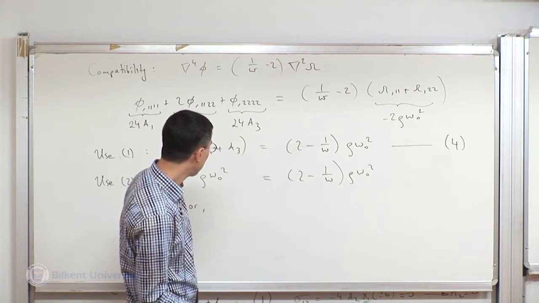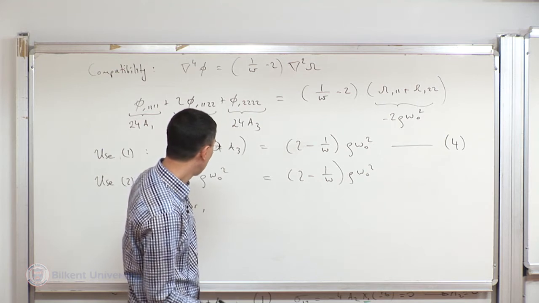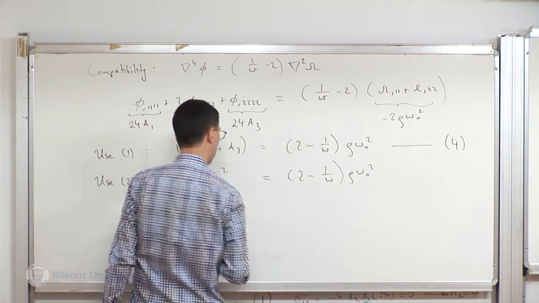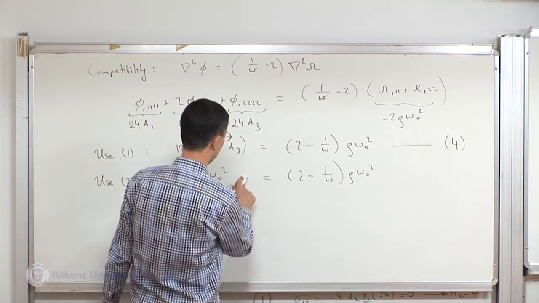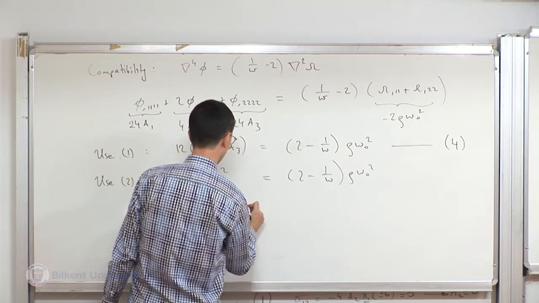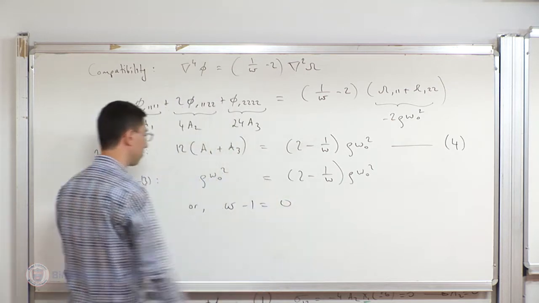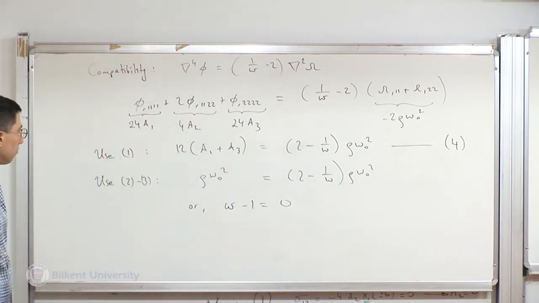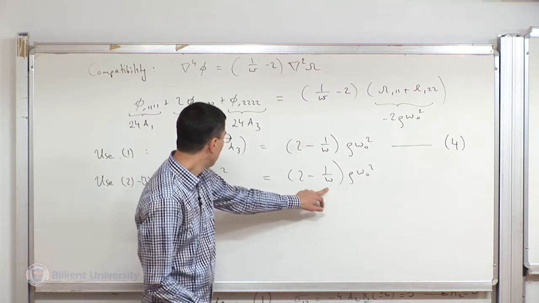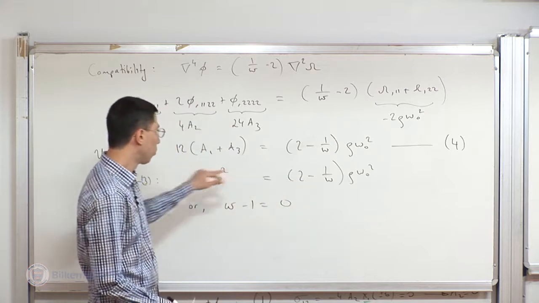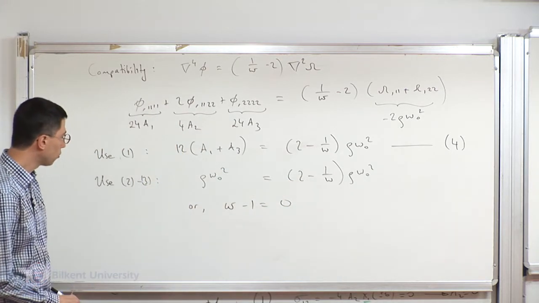So we would get what? Omega minus 1 is equal to 0, right? Or omega is equal to 1, essentially. If omega is equal to 1, I have rho omega naught squared equal to rho omega naught squared.